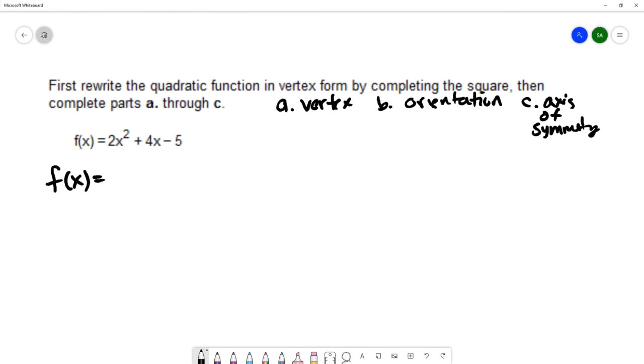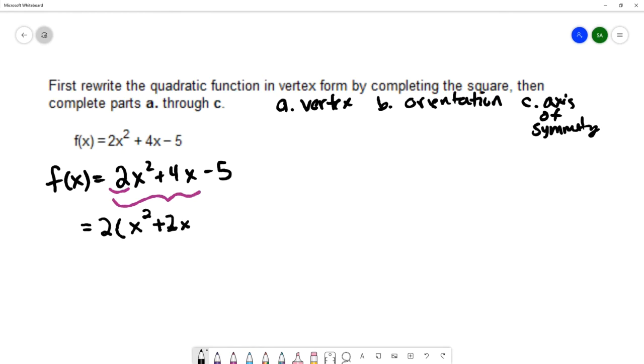So we're going to start off with our function 2x squared plus 4x minus 5. And we want to factor out this coefficient of 2, but we're only going to factor it out of the x terms. So if I factor out a 2, I'll be left with x squared plus 2x, and I'll carry down that minus 5.